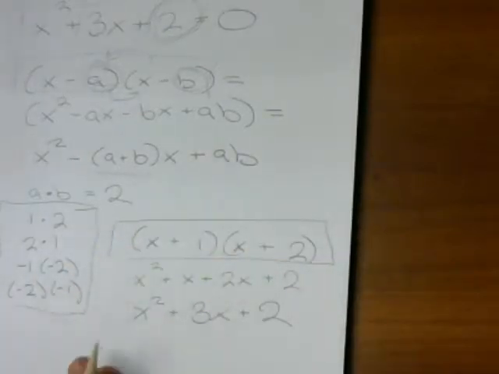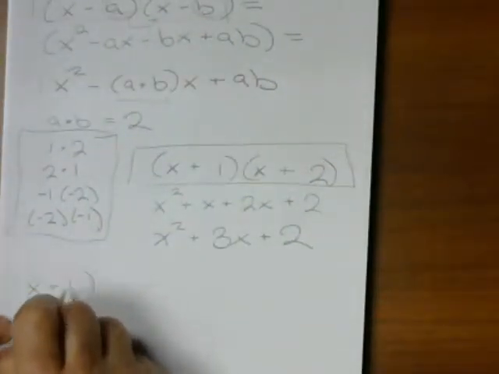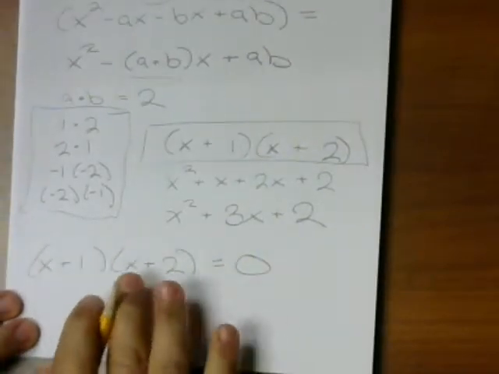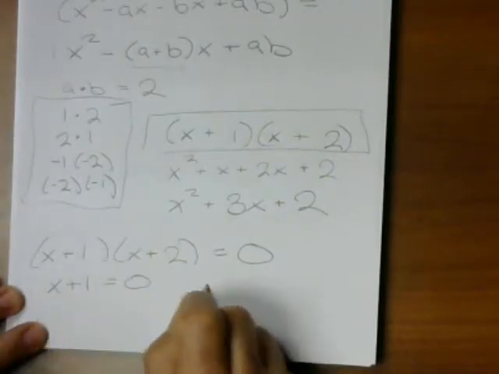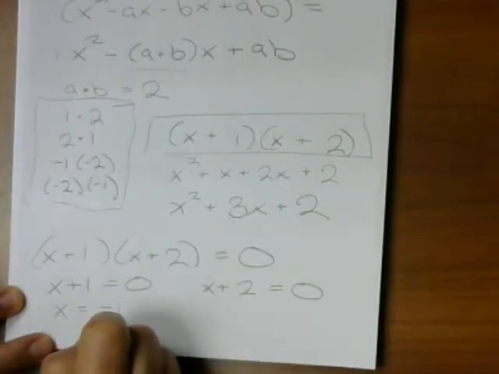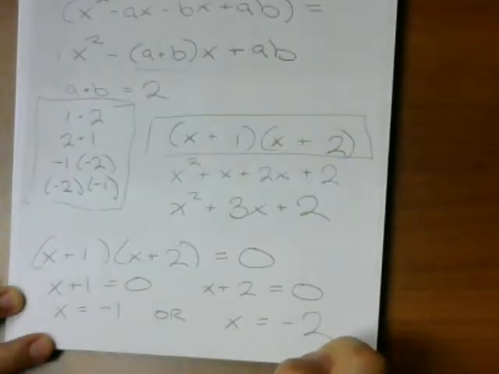And at the point that I know this is correct, my original equation said this equals 0. And we know that's equal to this, so this is equal to 0. So I know that one of these is true. So either x is minus 1 or x is minus 2.